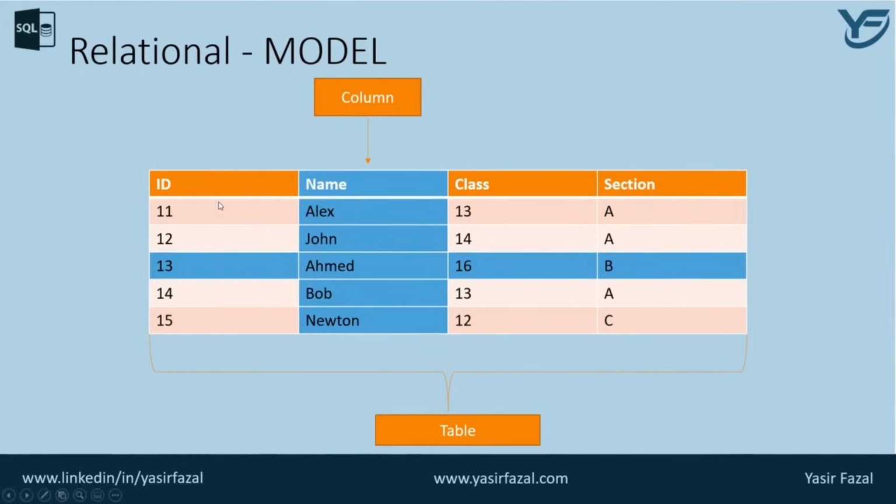For example, 11, 12, 13, 14, and 15, which are numerical data types, and any other data type is not allowed in the ID column. The name should have string values, then there is a class, again a numeric value, and in section there is a single character value. So not a string, but a character value can only be stored in the section column, right?